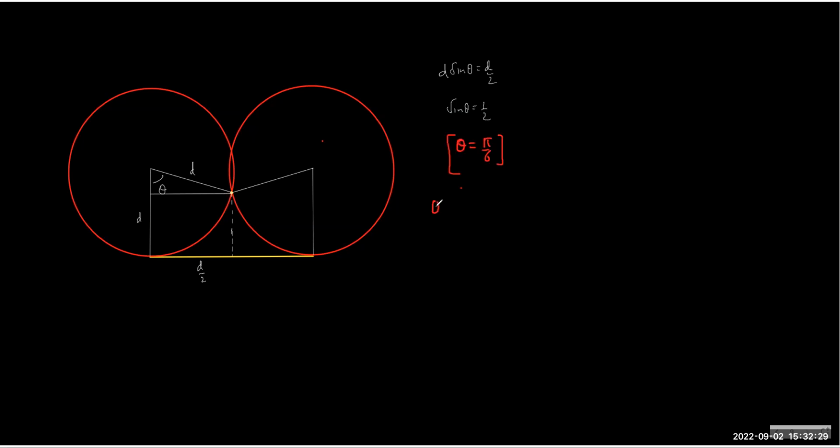So the time after which they will collide is omega t equals pi by 6, and t is pi by 6 omega. I hope this is clear. Yes, sir. Okay.